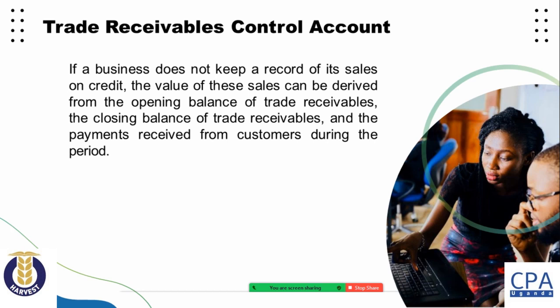So on the slide, we are saying if a business does not keep a record of its sales on credit, the value of these sales can be derived from the opening balance of trade receivables, the closing balance of the trade receivables, and the payment received from the customers during the period.